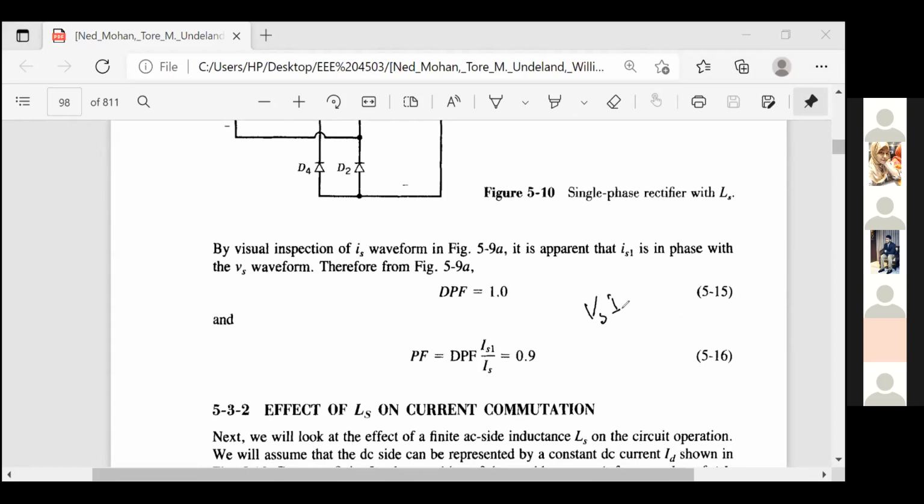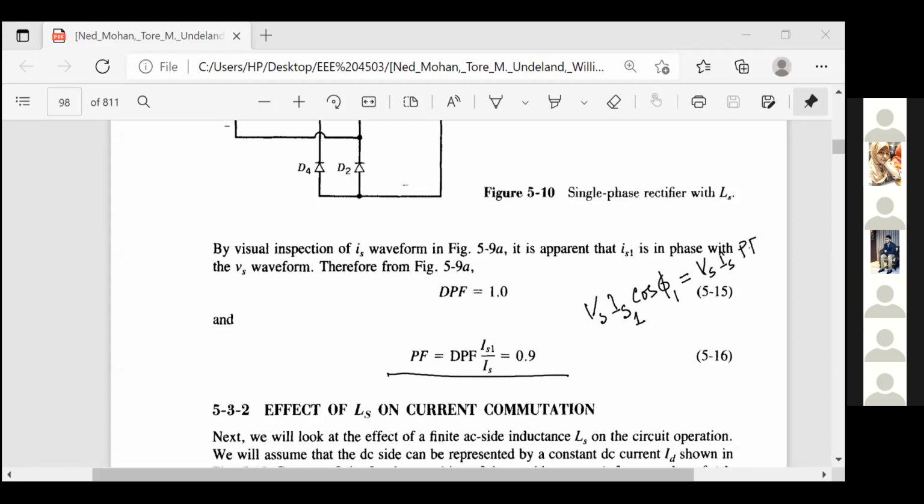Apparent power, VS IS, right? So they have used this equation, and this one is displacement power factor multiplied by 1. So VS IS1 cosine of phi 1 is our power, and then VS IS is the apparent power.